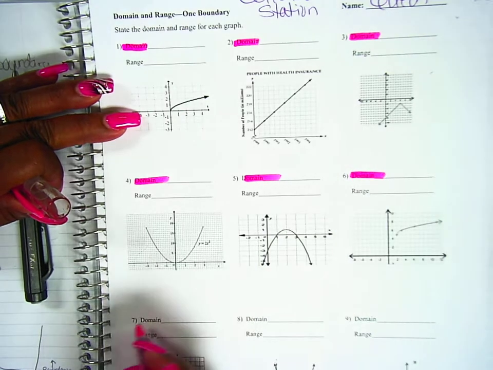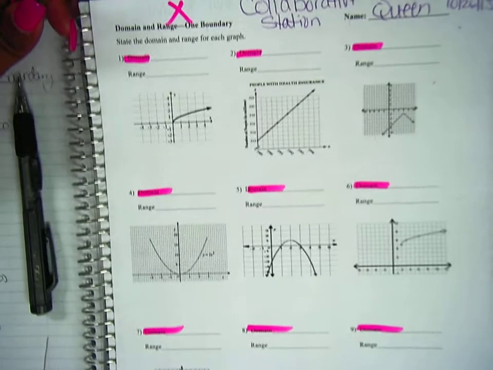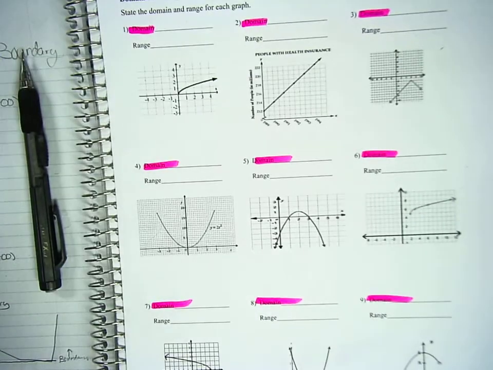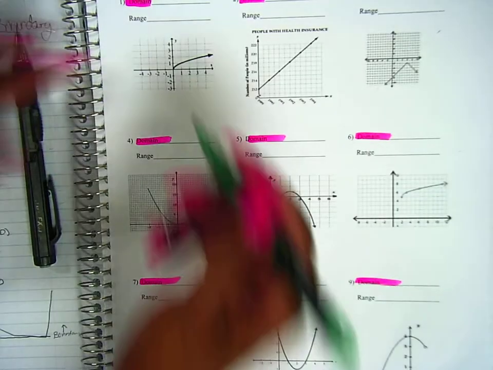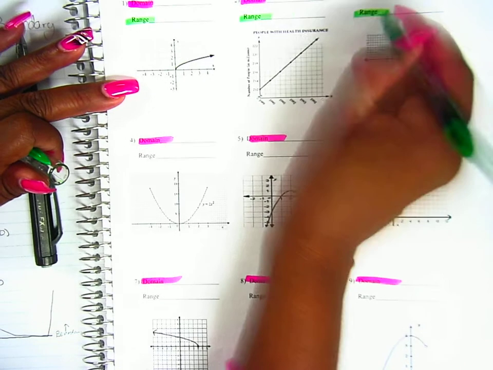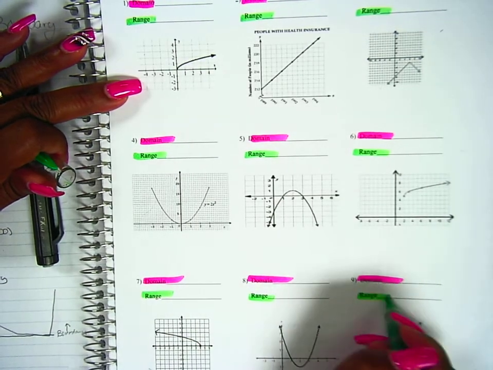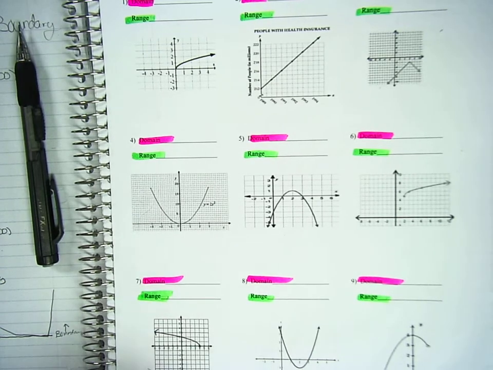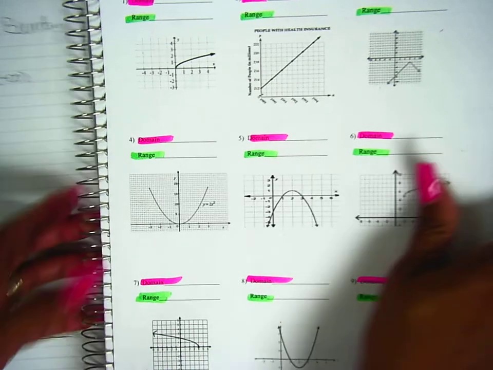That's for our X. We know that's our X. Then I'm going to highlight my range with, there you go, which is Y. So I'm going to go through and highlight range. When I put my boundary lines, I have it color coded, so that makes it easier for us. So let's go through here.